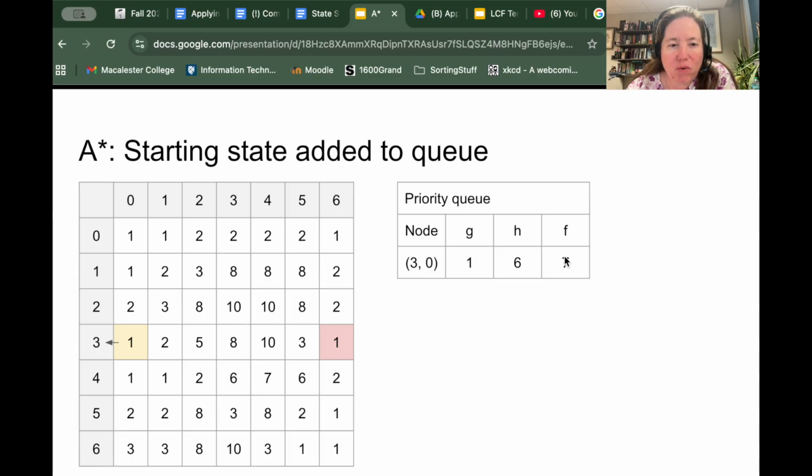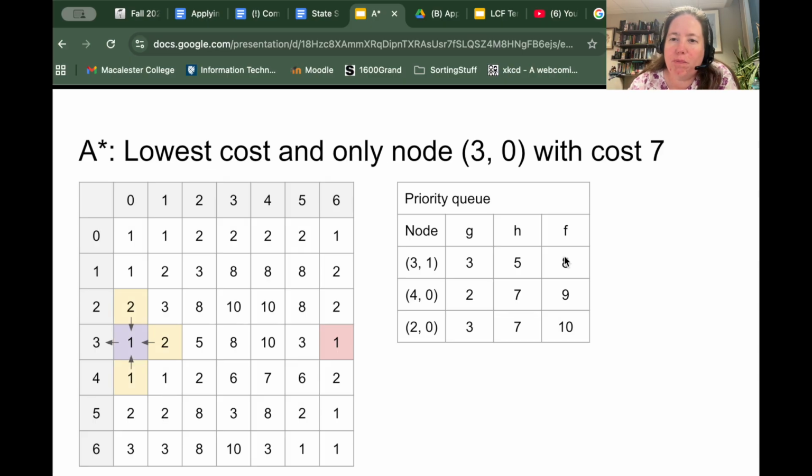Let's go on a step. We're going to pull that out of the priority queue, so 3, 0 comes out. We've now explored it, and we're going to add its neighbors to the queue. So we have the same neighbors as before, 2, 0, 3, 1, 4, 0. But you notice that things look a little different here. The G cost for 3, 1 is 3, but the H cost for this state is 5.